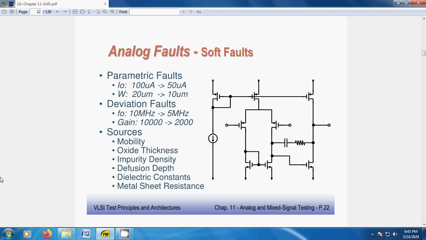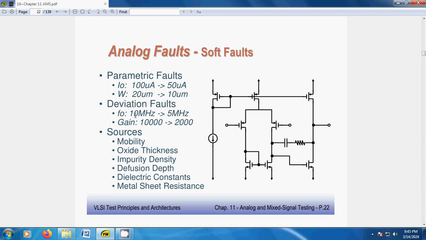The next is deviation faults. Deviation faults mean, for example, a particular submodule should work at a particular frequency. The actual intended frequency is 10 megahertz, but this particular module can work only at 5 megahertz.